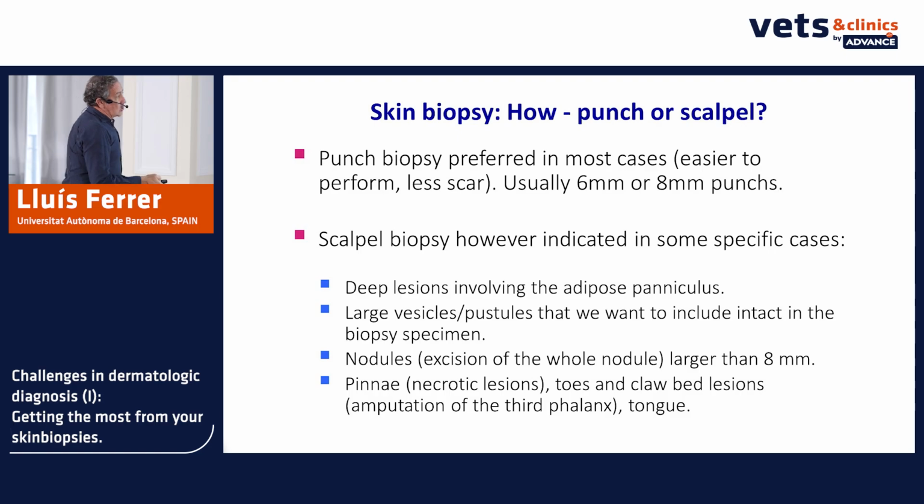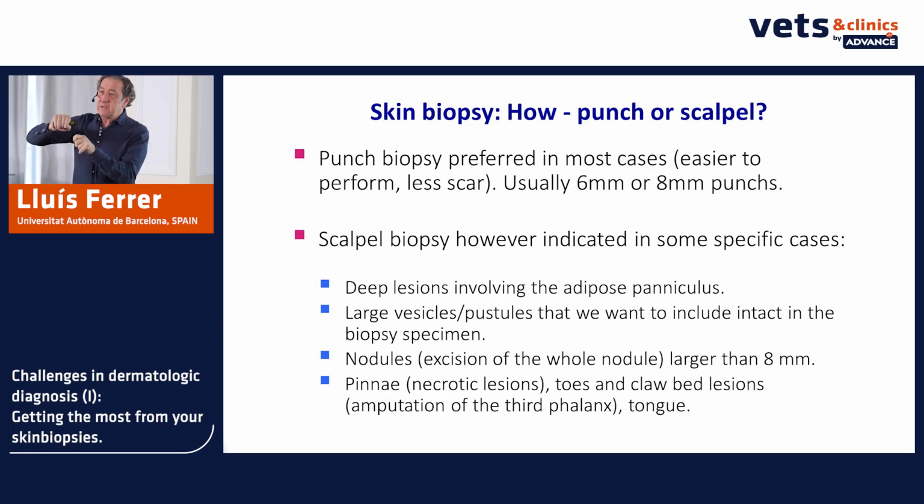Okay? Also, when you want to collect a large vesicle or pustule that can be broken with the punch, or when you want to take a nodule that is more than 10 millimeters in diameter, you need to use the scalpel. I also use the scalpel with the pinna because the skin of the pinna lacks subcutaneous tissue.